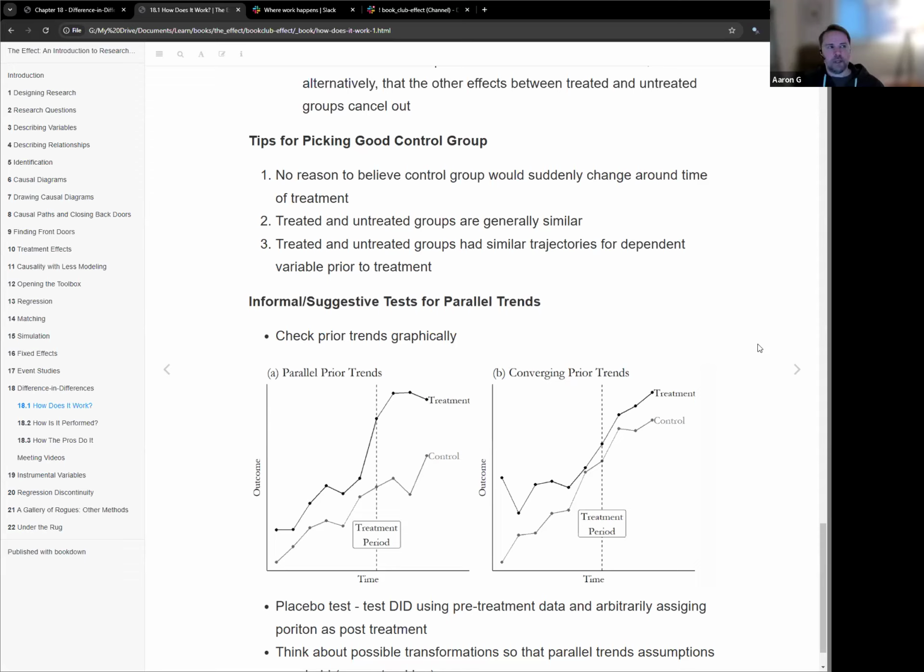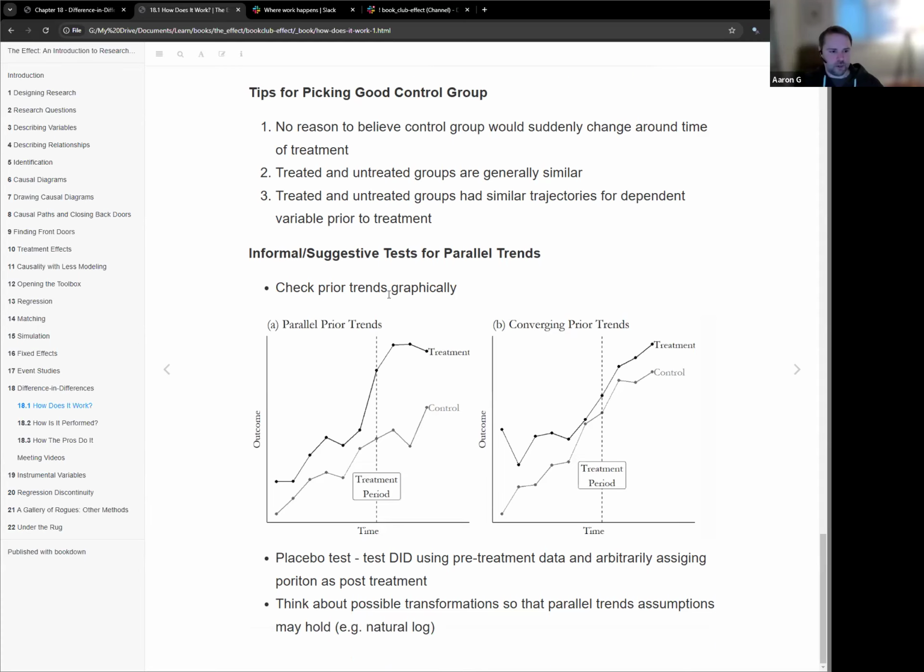You would want a control group that is at least qualitatively somewhat similar to your treated group, that strengthens your causal effect that you're trying to measure, or makes it more credible, rather. And again, treatment and untreated groups have similar trajectories for that dependent variable prior to the treatment that strengthens your case.